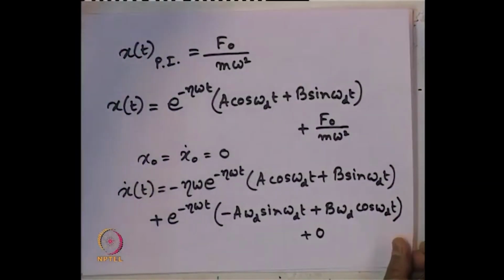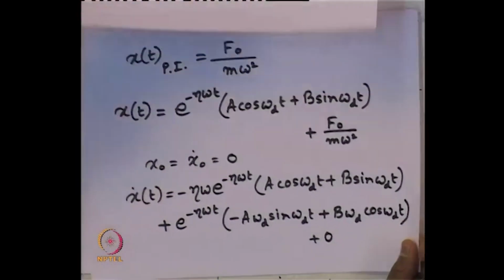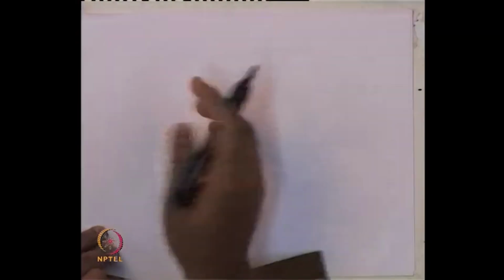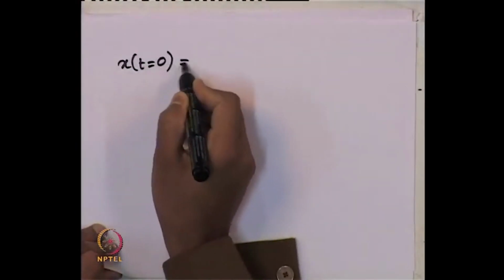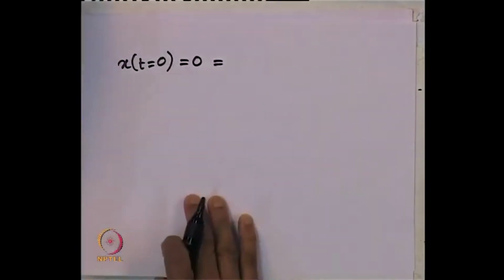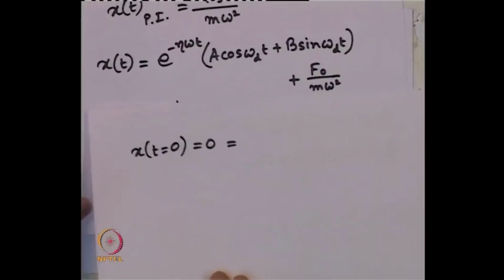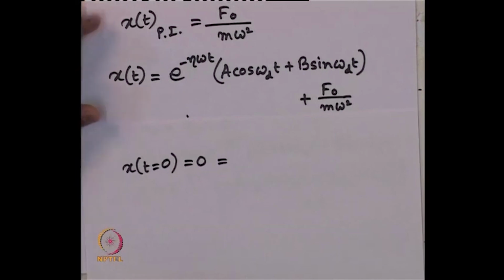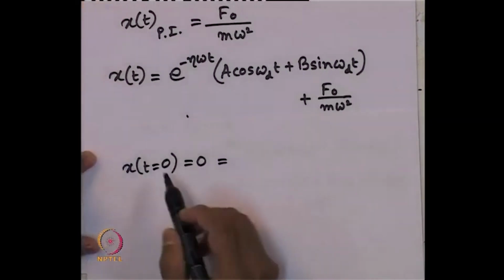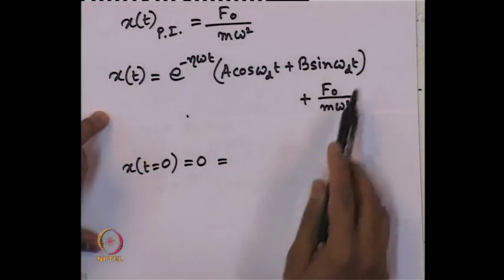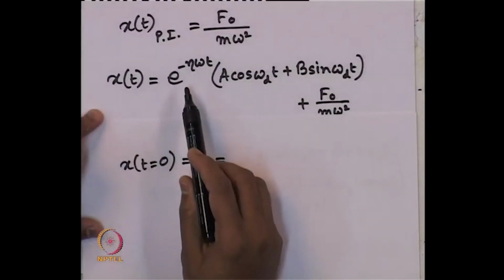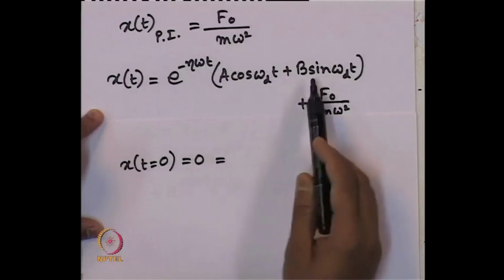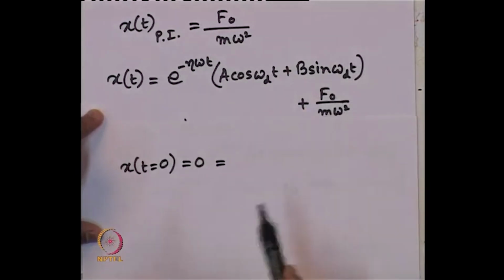With this, now let us put the boundary condition of x at t equals 0 is 0. Let me put the equation here, so that it will be easy for us to follow. So, I am putting t equals 0 in this expression. What am I getting here? This gives us 1, a; this vanishes, this remains.